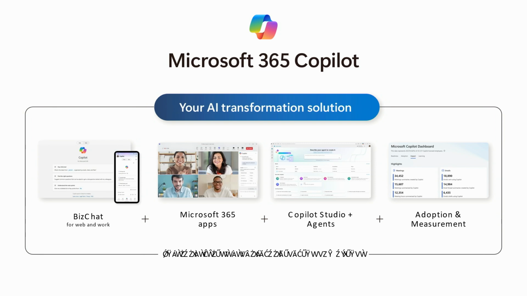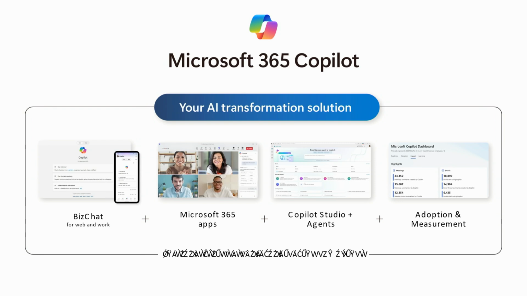And then you can use Copilot Studio to build agents for Copilot that automate processes for measurable business outcomes. And finally, Copilot includes some unique tools like Dashboard and Viva to drive your AI adoption and measure how it's transforming your organization.